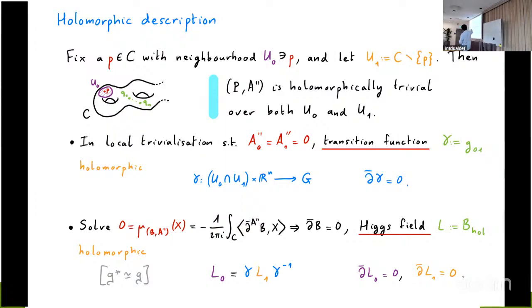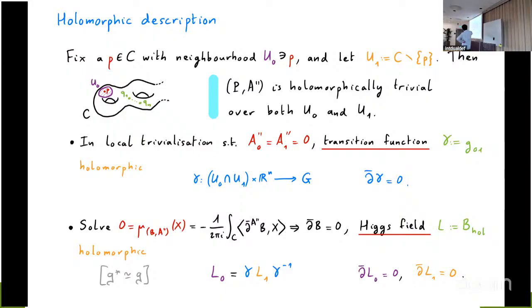The nice thing is that relative to such a cover, you can always locally trivialize the holomorphic structure. That means that I can always go to a local trivialization where A double prime is 0 on these patches.